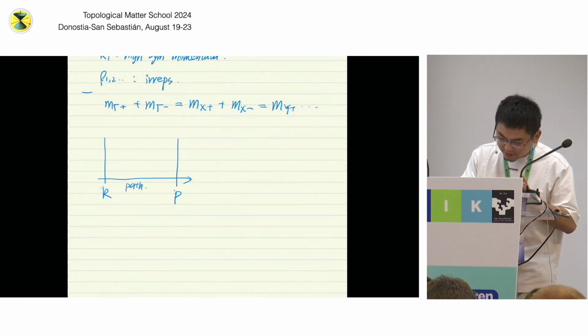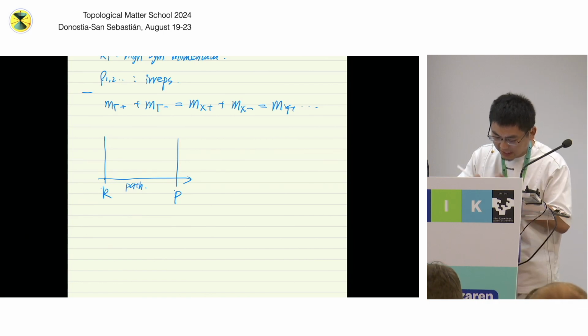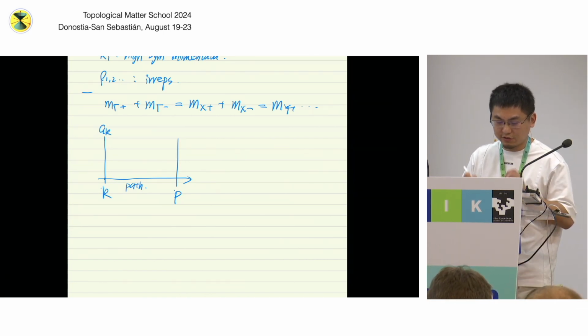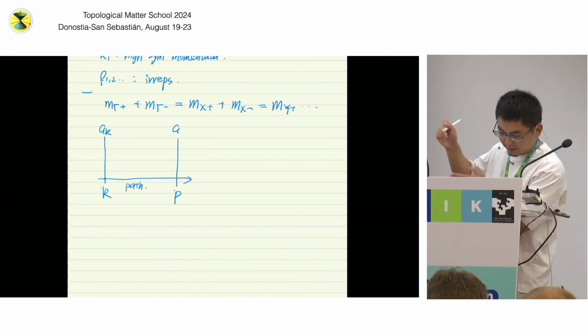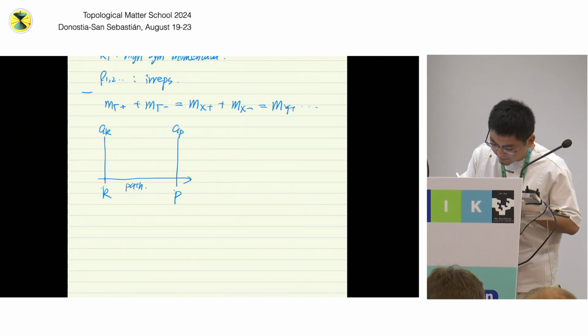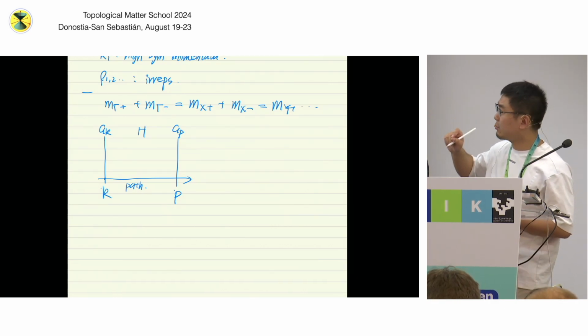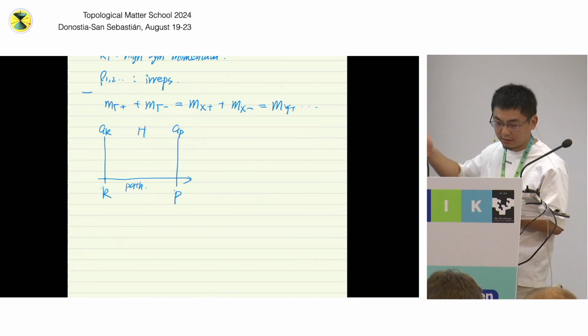And in the three regions, we have three different groups. Here we have a little group denoted as G_K, right? And here we have another group denoted as G_P. And in the middle, we have a smaller group. We denote it as H. So clearly, H should be a subgroup of G_K and G_P.